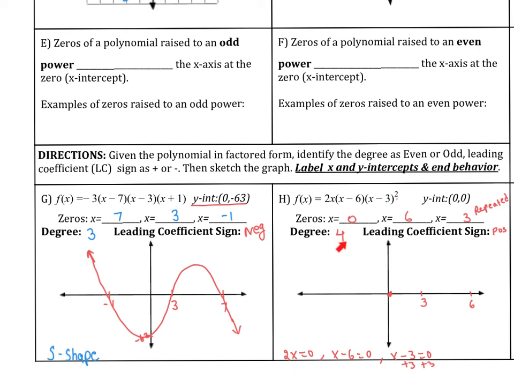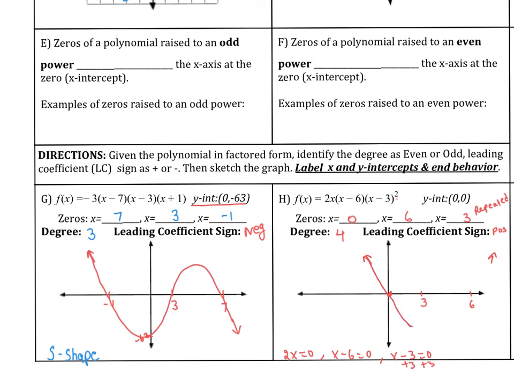It means it is a W shape or it is a shape of U. So let's see how we can make a U shape for this graph, and it's going to face up because the leading coefficient is positive. So I'm going to make this arrow right here to guide me, face up, and it's going to go down.